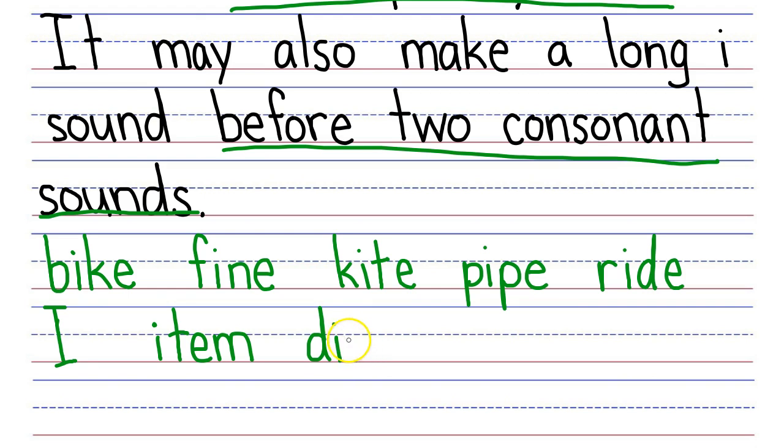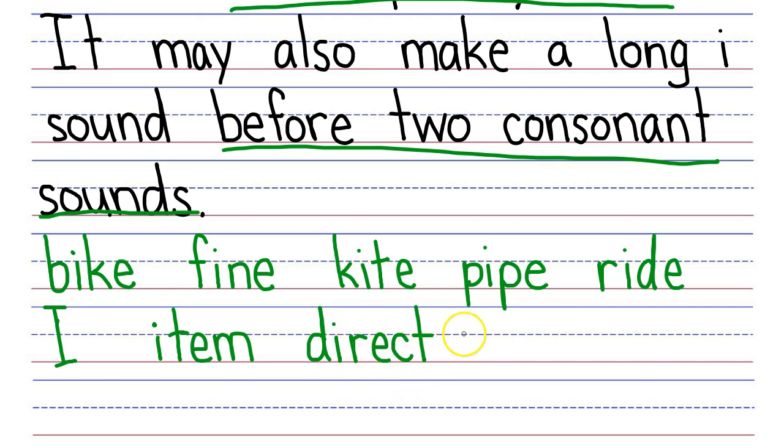And then rect is the second syllable, which starts with the R that says r, an E, a C that says k, and a T that says t. The T is a consonant, which makes this a closed syllable, which makes this E say its short E sound, eh. Direct. Direct.